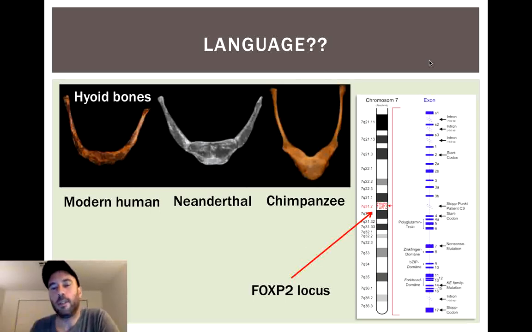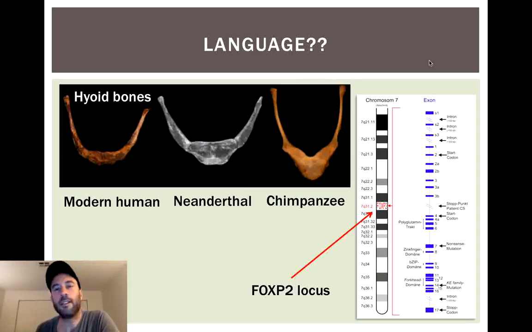It turns out that Neanderthals, because we were able to sequence the genome from some DNA that we got from Neanderthal bones, that allele that they have is the same allele that we have.